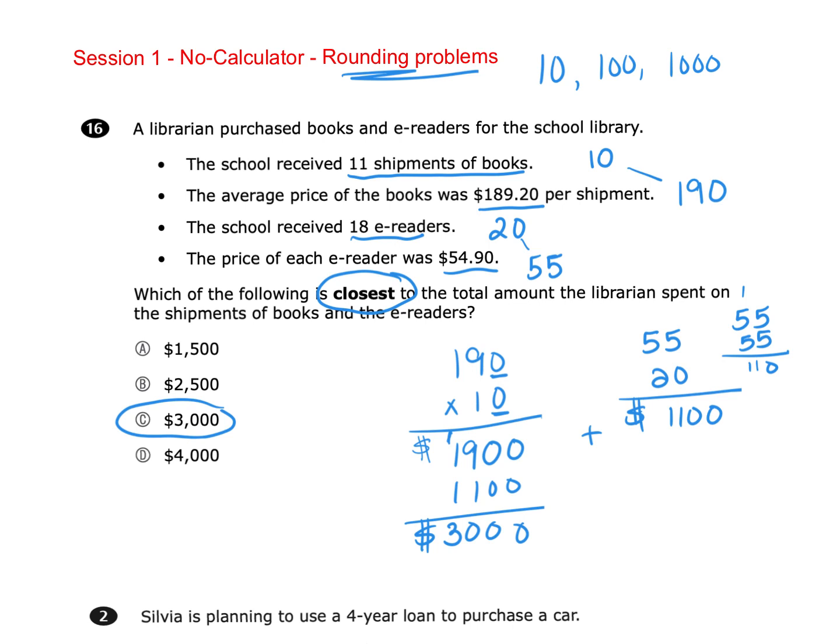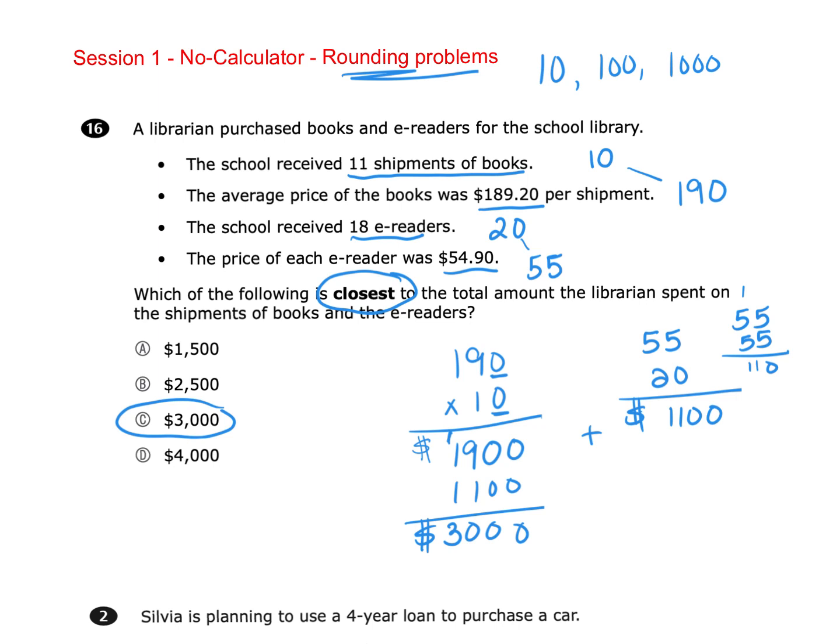Now, that was much easier to multiply than multiplying 11 shipments times $189.20. And it was definitely easier to multiply 20 times 55 than it was to multiply $54.90 times 18.